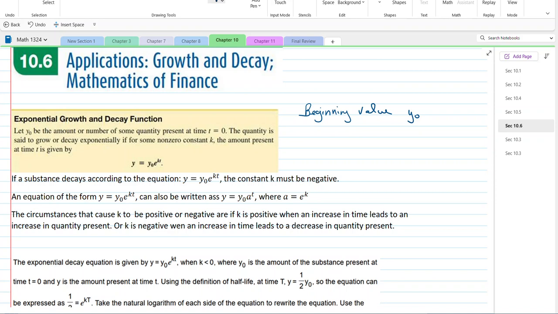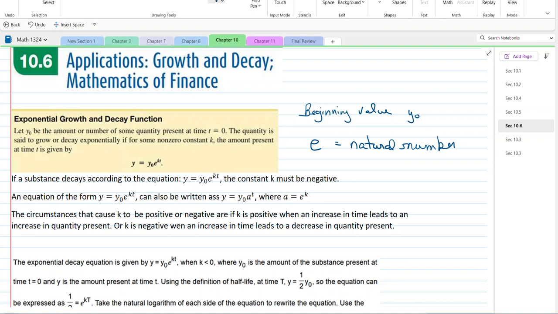The quantity is said to grow or decay exponentially if, for some non-zero constant k, the amount present at time t is given by y sub o times e, the natural number, to the kt, and the amount present at time t.